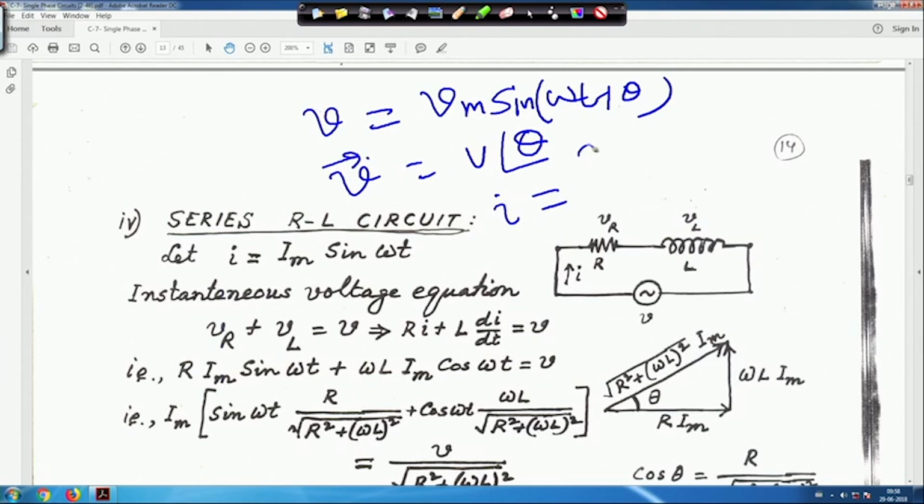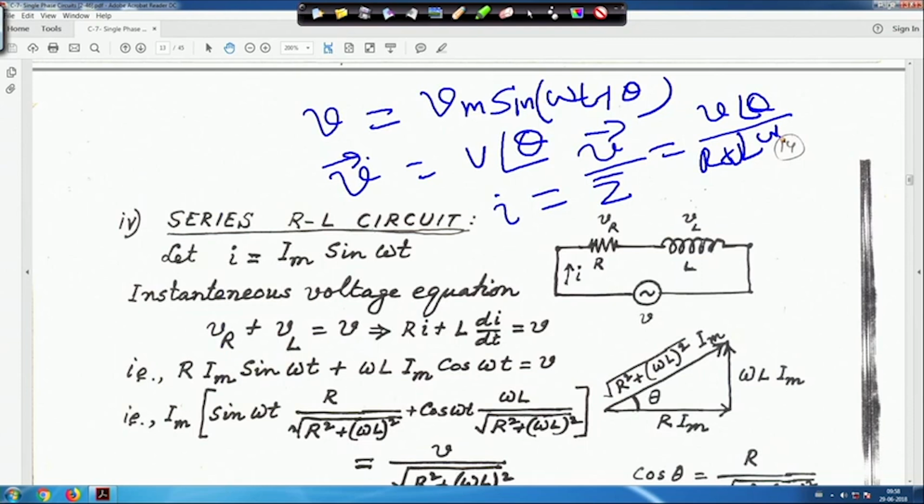I is equal to V arrow divided by the impedance Z. That is V angle θ divided by R plus jLω.